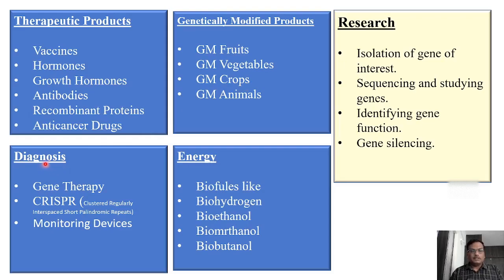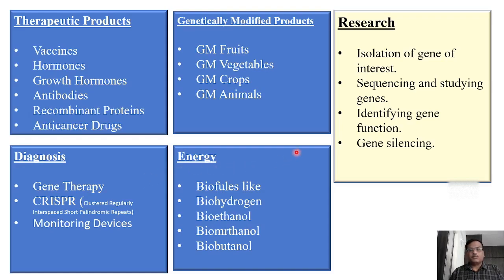And in diagnosis and treatment, like gene therapy, which is going to be the future of medicine, recombinant DNA technology is used, and in the creation of health monitoring devices, they are going to use genetic engineering technology.